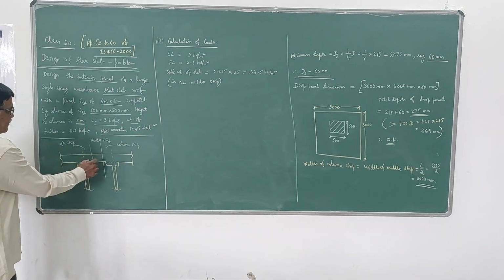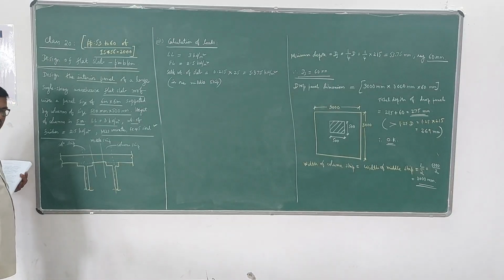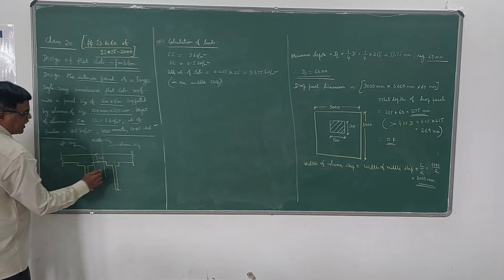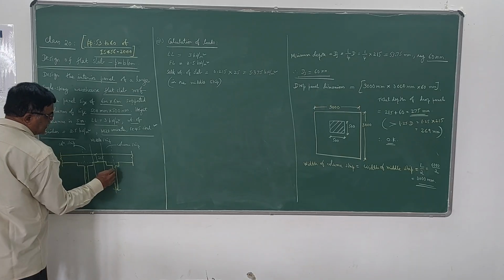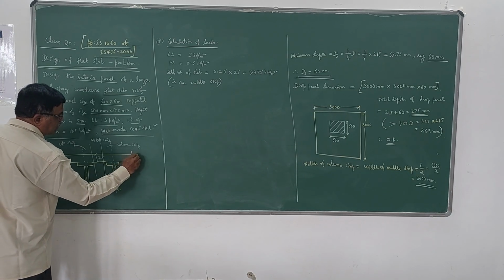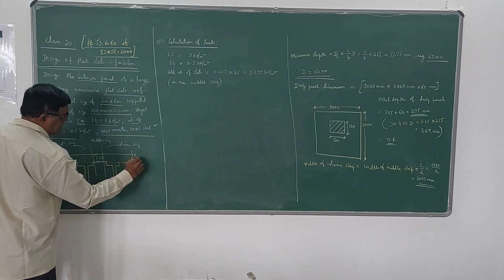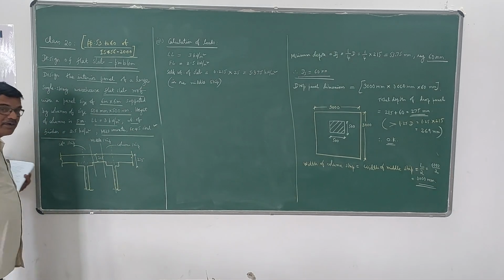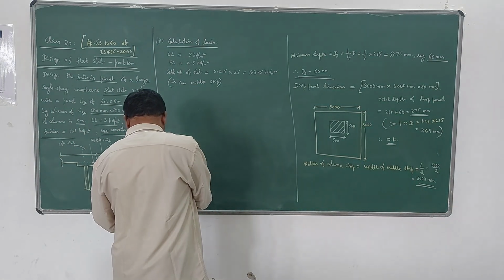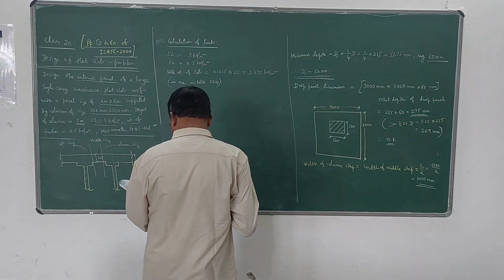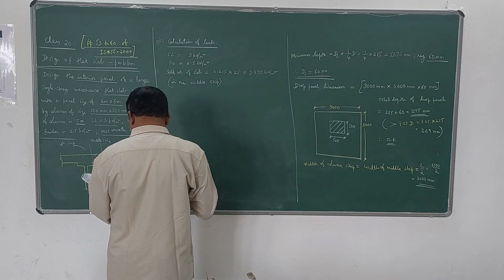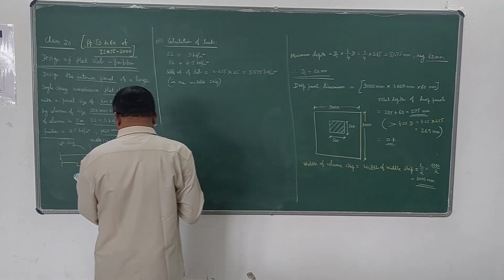In this portion, depth is 215 mm, whereas in the column strip portion, the depth becomes how much? 275. That is 215 plus 60. It becomes 275. Be careful. So we are calculating in the middle strip. So here, at drops, extra load will be there.